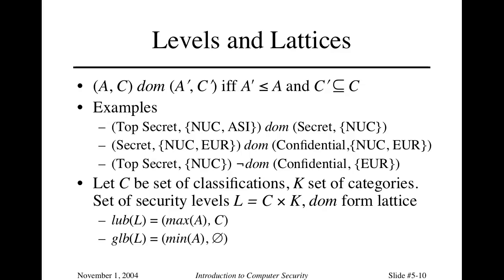If you recall what we have learned in discrete mathematics, dominates is a relation. So the security levels and the dominates relation can be considered as a lattice. In the lattice, some security levels are not comparable, but some are comparable.